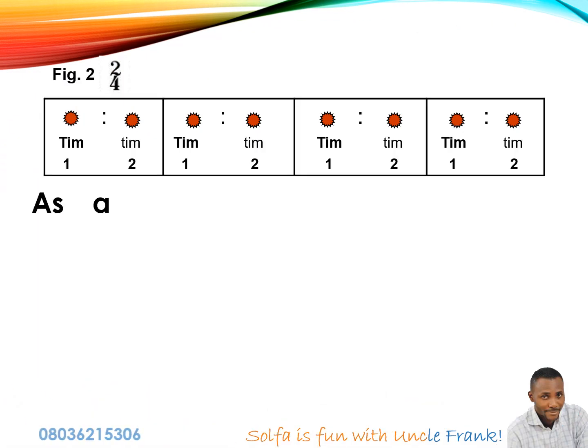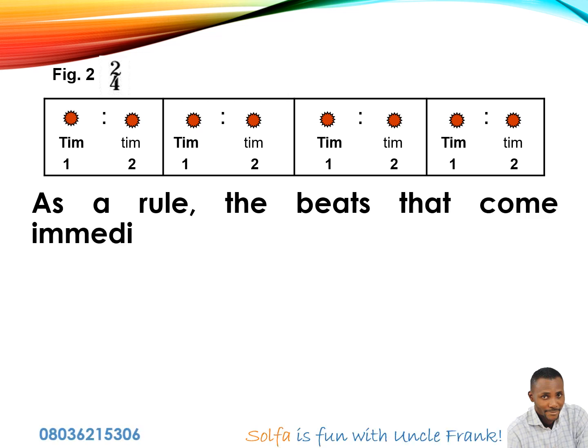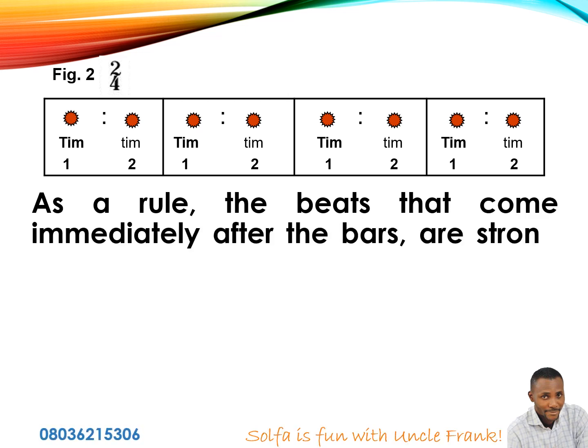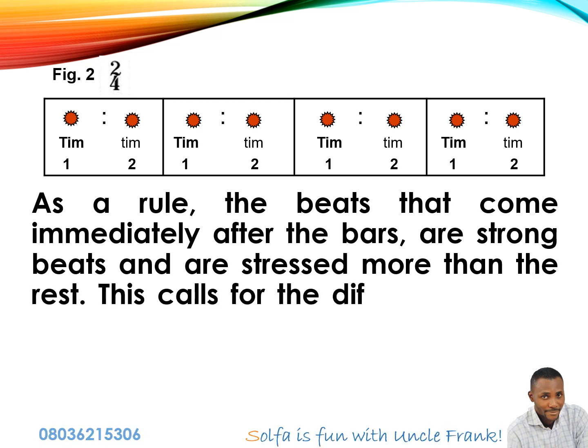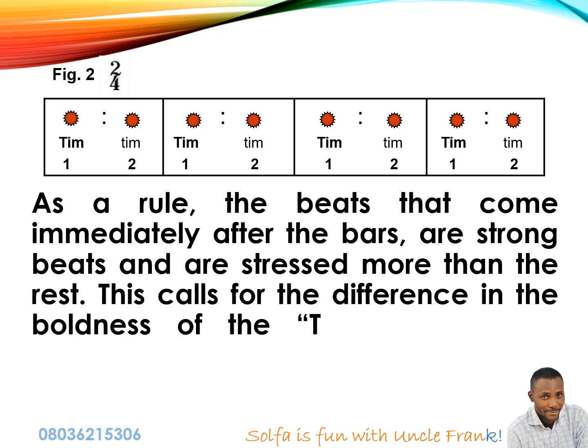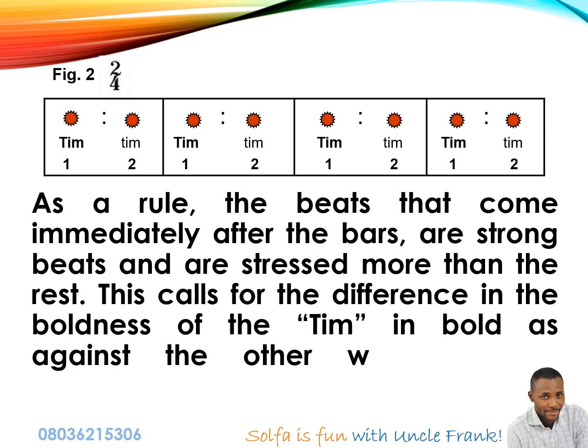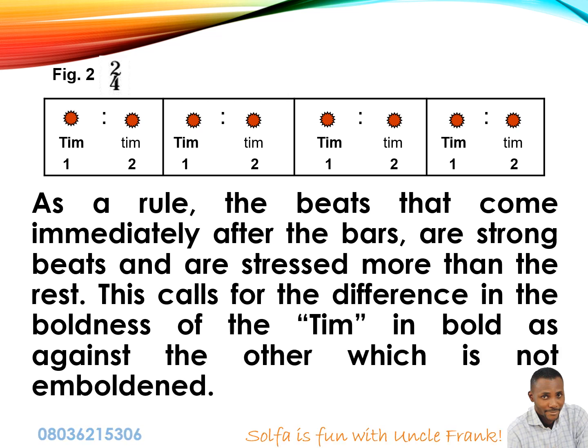So, as a rule, each beat immediately after the measure line, the bar line, is a strong beat. The one following it is a weaker beat, especially in 2/4. We are treating 2/4 now. That's why you have the first beat in thick bold, the second one in light bold.